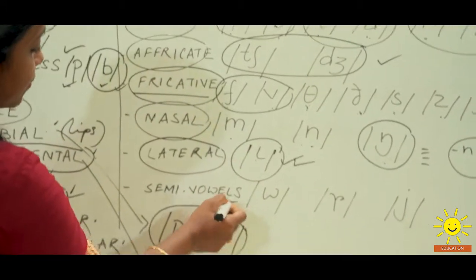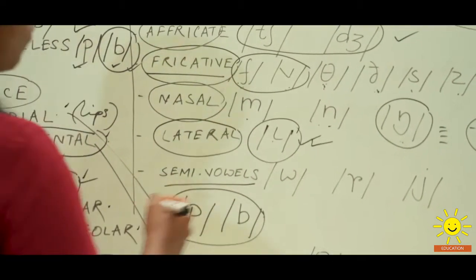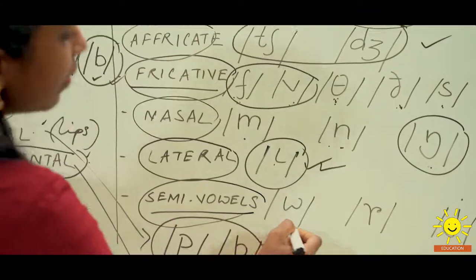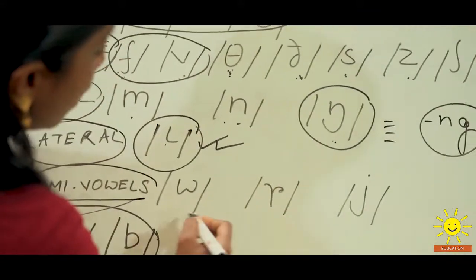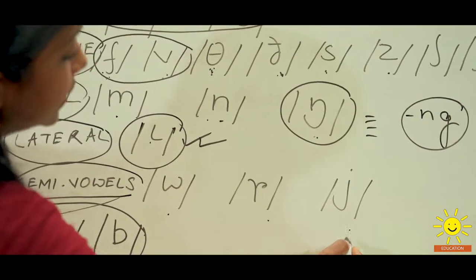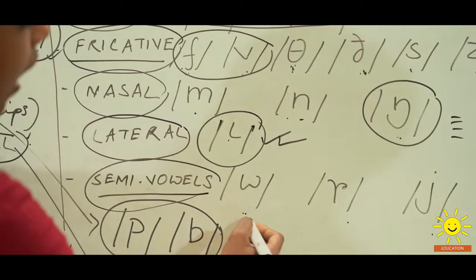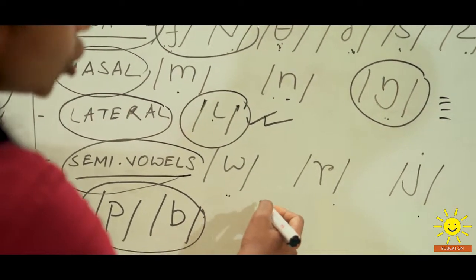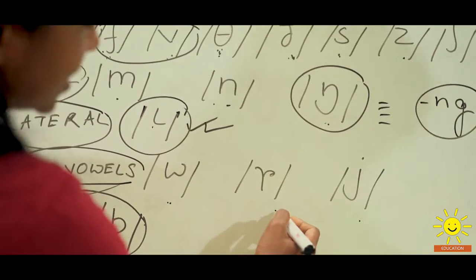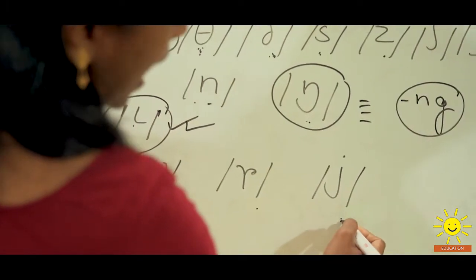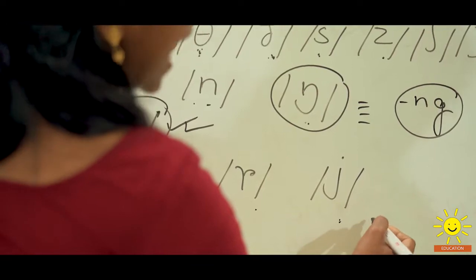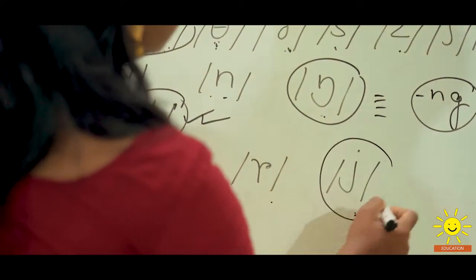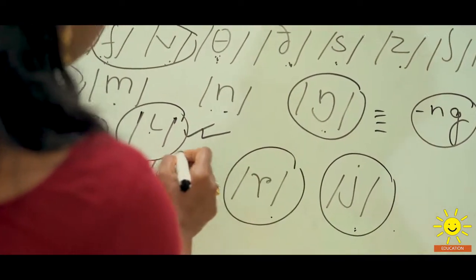Now, the last category is the semi-vowels, and why are they known as semi-vowels? There are 3. Let me first of all mention w, r and y. I repeat, w as in wall, was, r as in rat, rich, y as in yet, yes, yell. So these are the 3 semi-vowels.